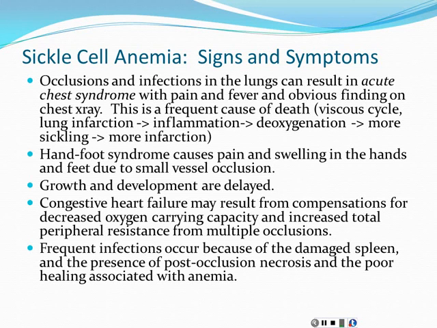So you have that infarction, which leads to inflammation, which leads to deoxygenation, which leads to more sickling, which leads to more infarction in other places of the body or even in the chest. And patients can die of this because it's a downward spiral. The less oxygen there is in the body, the more sickling there'll be, the more occlusion, the less oxygen, and so on.